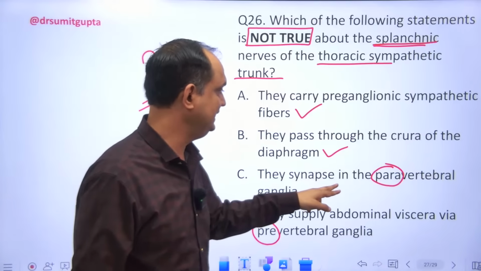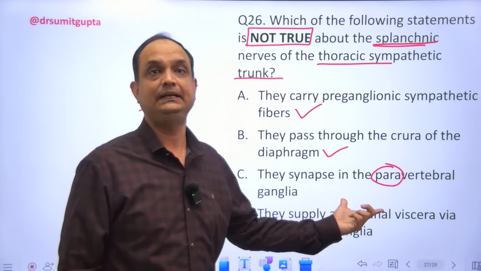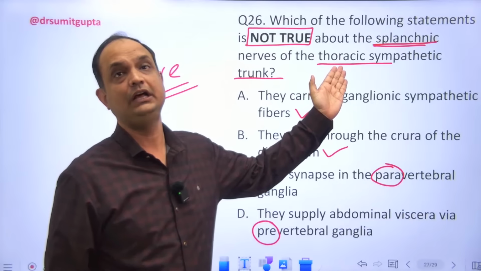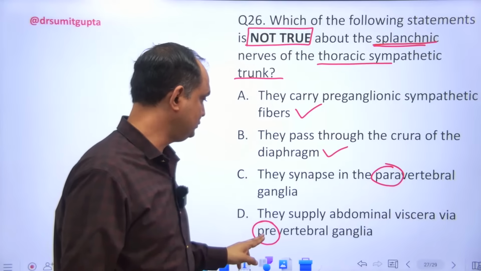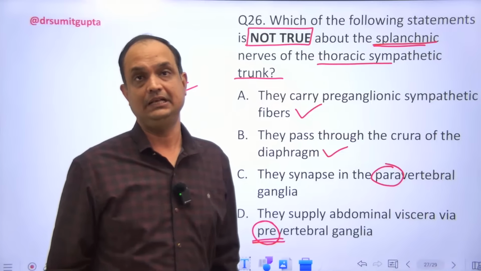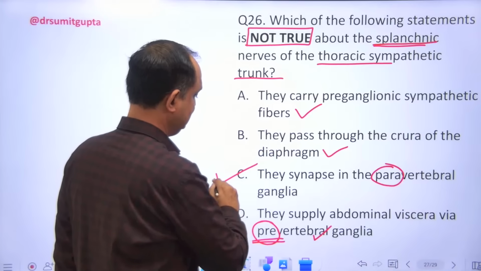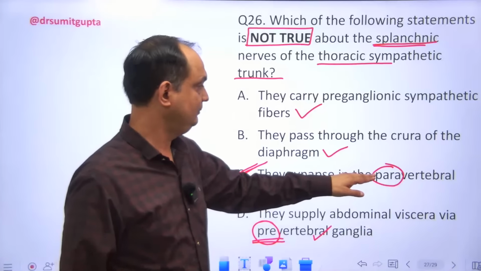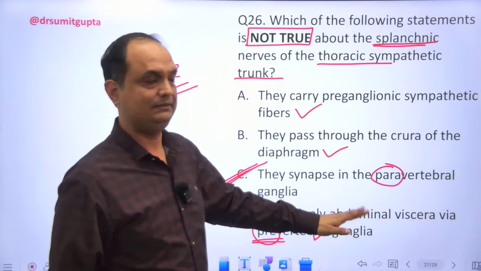So they cannot synapse in the paravertebral, because the paravertebral or sympathetic chain will give rise to the medial branches, which are preganglionic, known as splanchnic nerves, and ultimately they will reach the abdomen where they will synapse with the prevertebral ganglia. So all are true. The answer C is wrong, that they synapse in the paravertebral. Basically the paravertebral gives rise to the splanchnic nerve, not synapse.